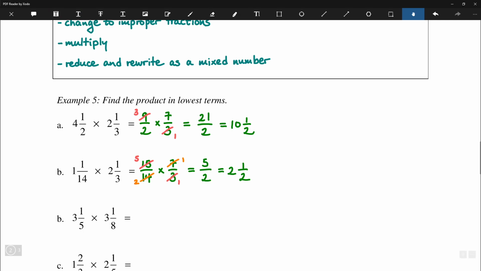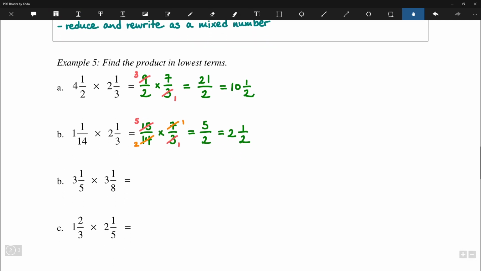Okay. Let's do a couple more. So in the next case, 3 times 5 plus 1 is 16. So this is 16 over 5. And in the second fraction, we have 3 times 8, which is 24, plus 1 is 25 over 8.